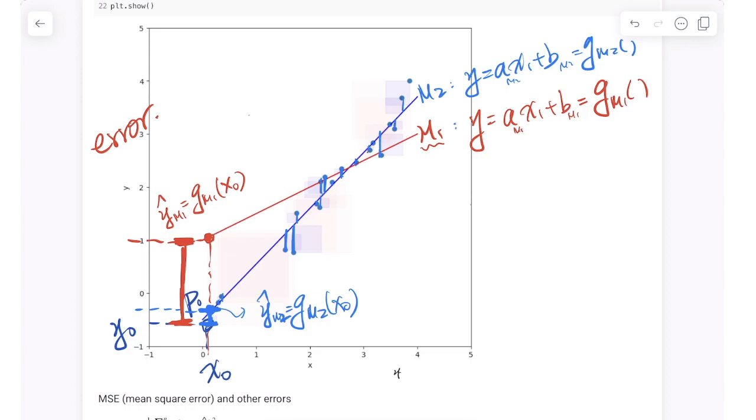You can see that the arrow is right here. And for model one, we can see that all the arrows between the actual y and the prediction value of gm1 are the red lines.